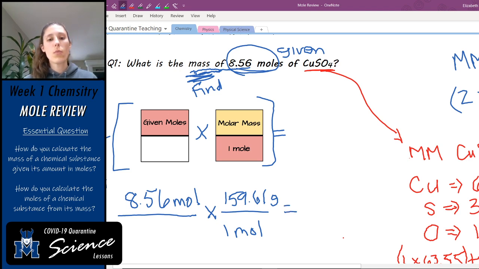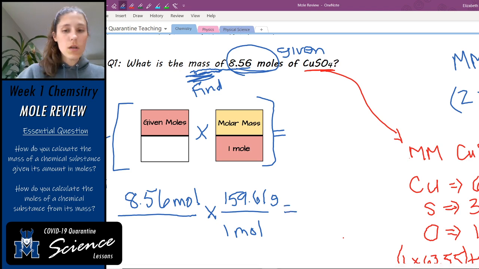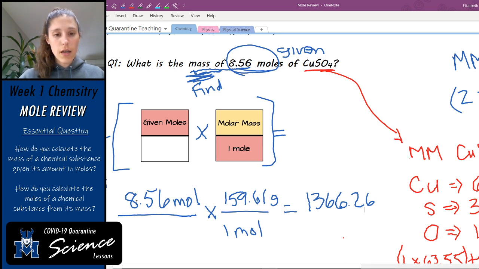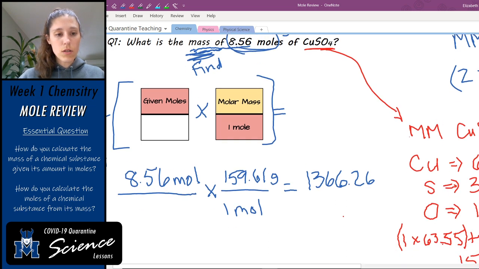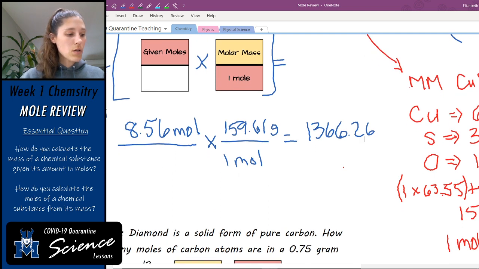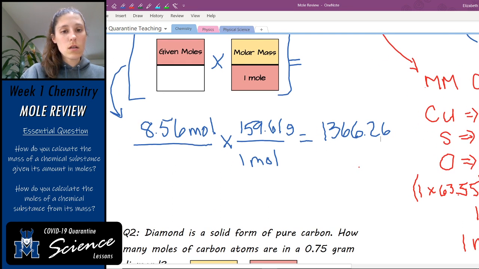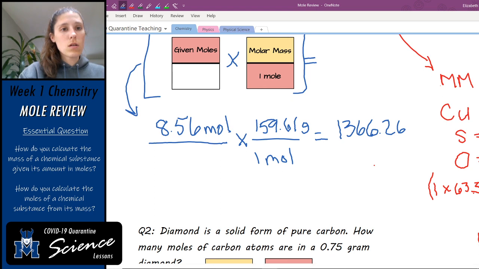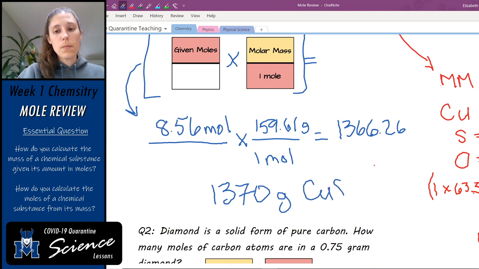Okay, so when we do the math, we get 1366 point, and it goes on, but because of significant digits, our 8.56 only has 3 significant digits. So the answer that we're going to report is 1370 grams of copper sulfate.